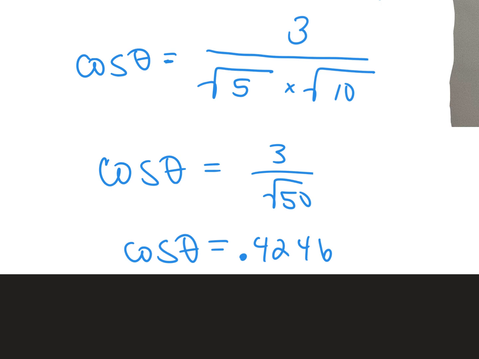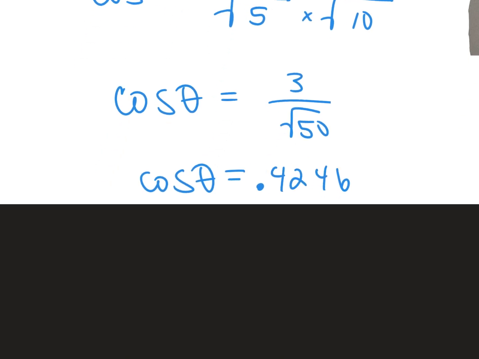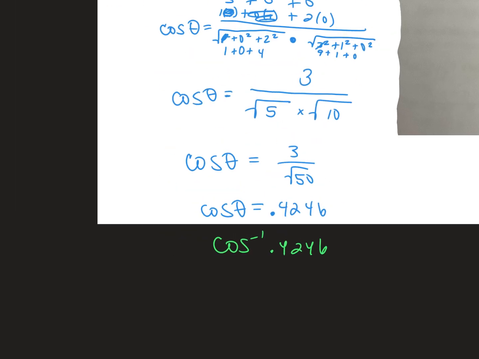No. How do you find the actual angle measure? You got to do the inverse. So hit second cosine, so that little negative 1 comes up, and then put in 0.4246. And what do you get? 64.9. So 64.9 degrees. That's the angle in between.